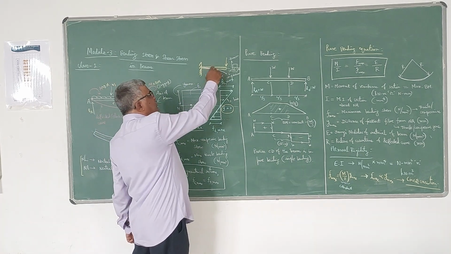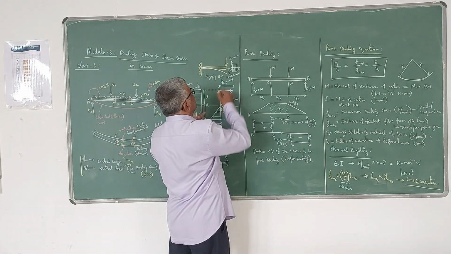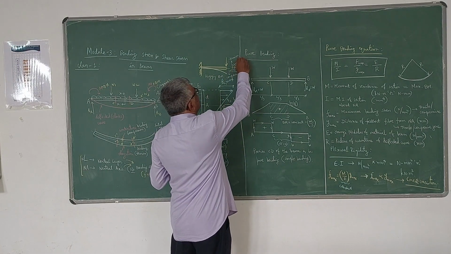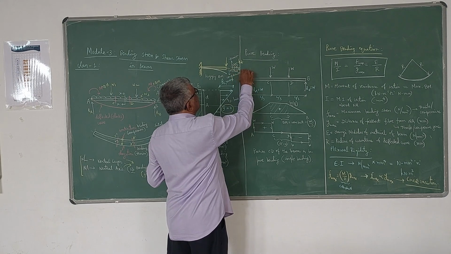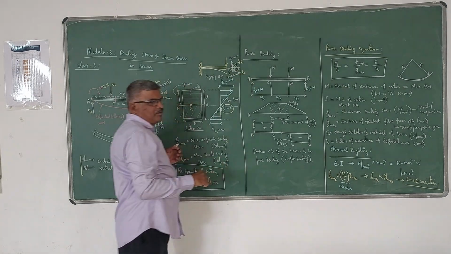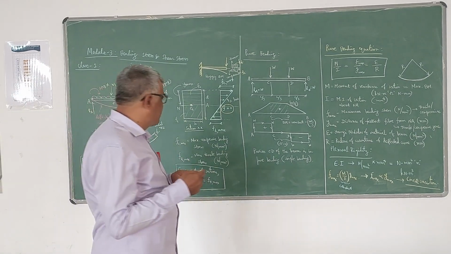Whereas in the cantilever case, it is opposite. Above the neutral axis, it is subjected to tensile bending stress Ft. Below the neutral axis, it is subjected to compressive bending stress Fc. That's all the difference between the nature in simply supported and cantilever beams.